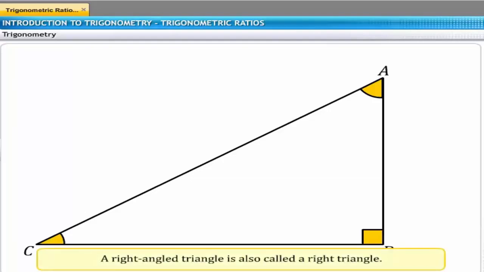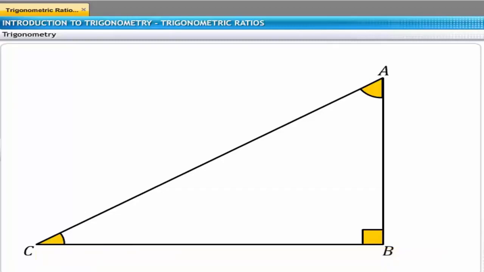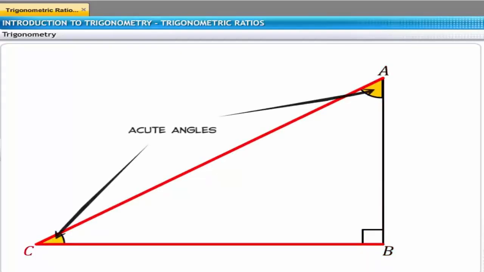A right-angled triangle is also called a right triangle. In this triangle, angle ABC is a right angle, as it measures 90 degrees. Angle BAC and angle ACB are acute angles, as they measure less than 90 degrees.